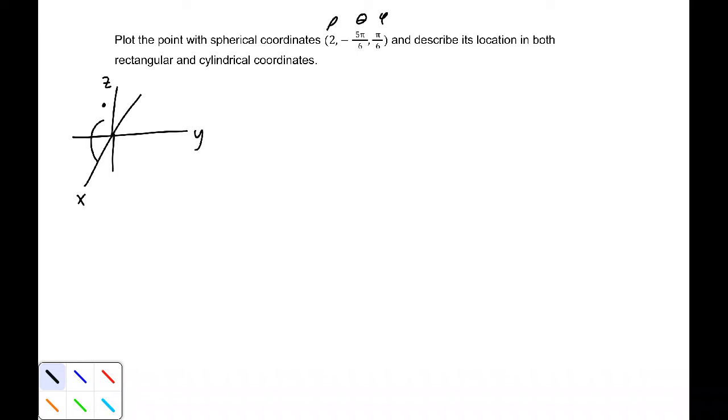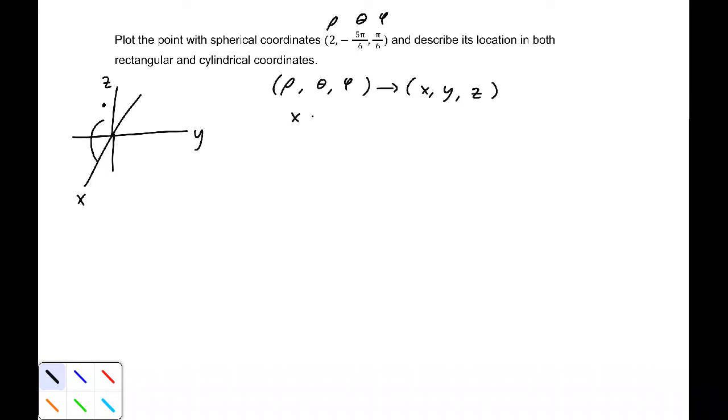Now let's see if those coordinates, when we put them in rectangular and cylindrical, give us the same location. They should. So to go from rho, theta, phi to points of the form x, y, z in Cartesian coordinates, there are a few equations we could use.